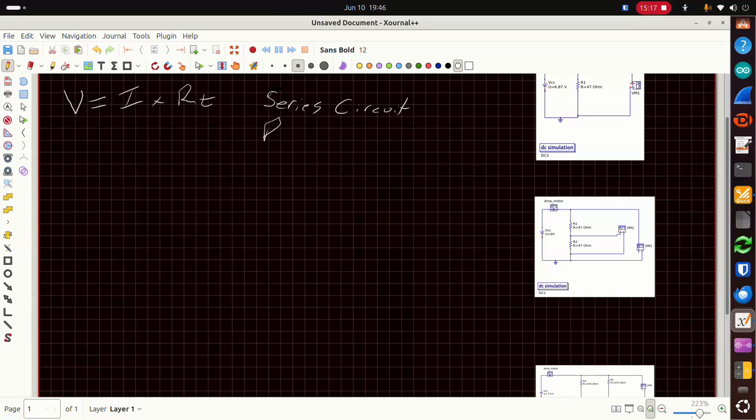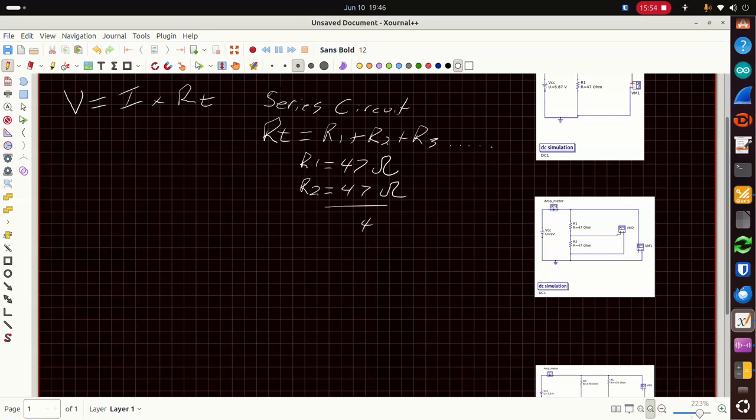And in this case, I'm going to put a little t here for R total, because we've got two resistors now, and we have to understand how to calculate what the total resistance will be for this circuit. And so R total, when you have a series circuit, you calculate the total resistance: RT equals R1 plus R2 plus R3 if there were one, and so on.